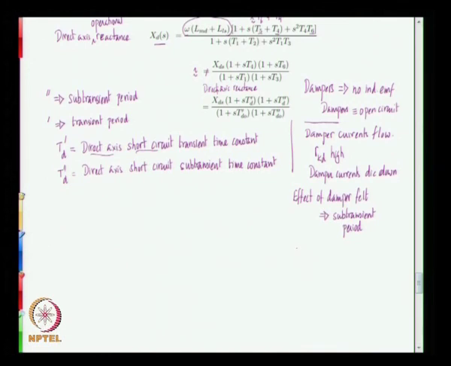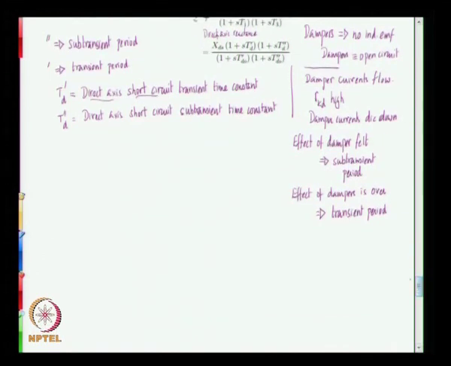The second region, where the effect of dampers is over, is called the transient period. And then when all these have decayed down, the response that is left is the final steady state.